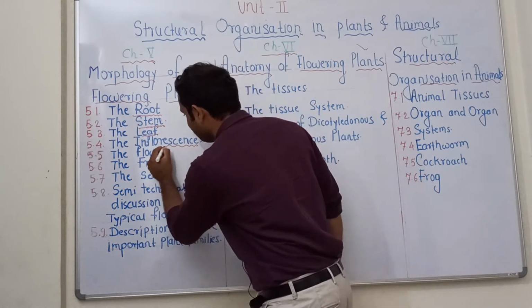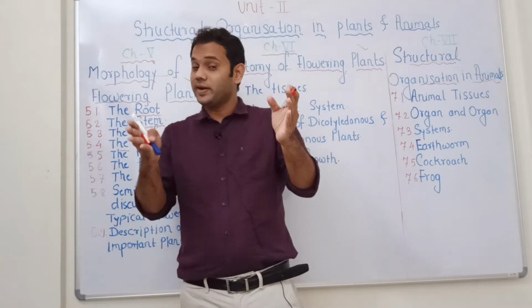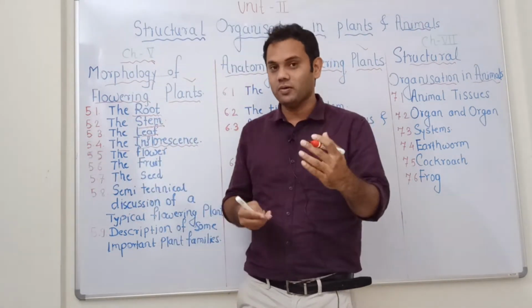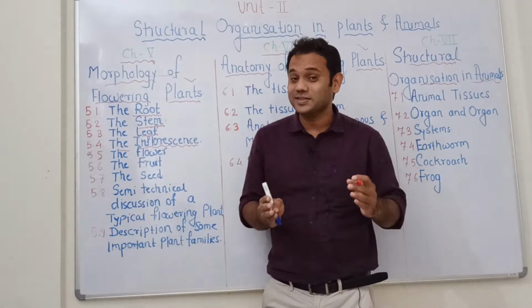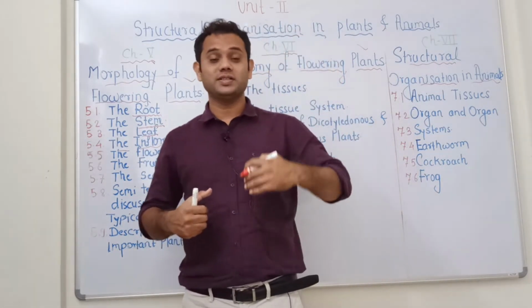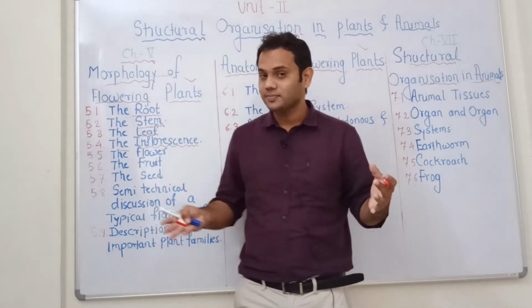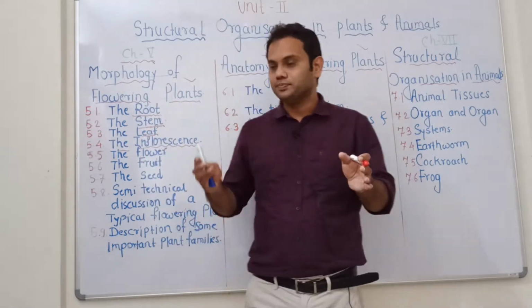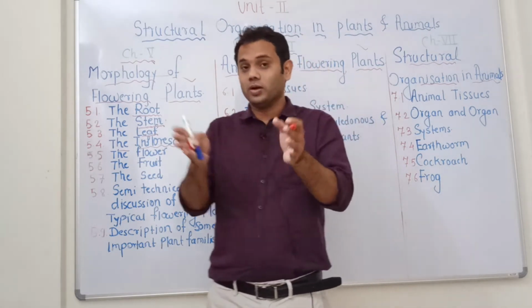Next is your inflorescence. So what is inflorescence? You may find a plant with a flower, or a bunch of flowers, a group of flowers. Inflorescence is a cluster of flowers, a group where the different flowers are arranged together.